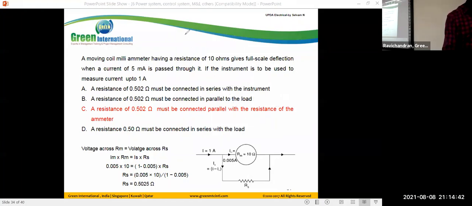To solve this question, before that, I have a simple circuit, a simple normal DC supply problem.